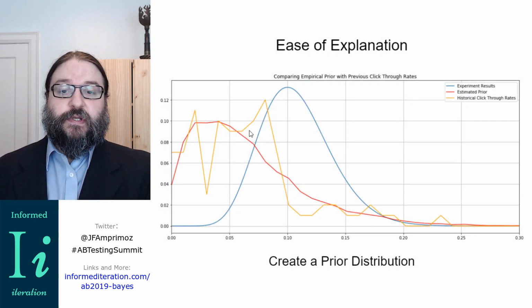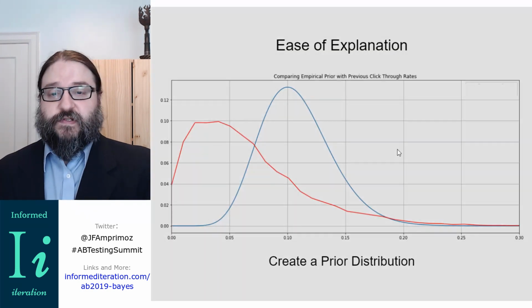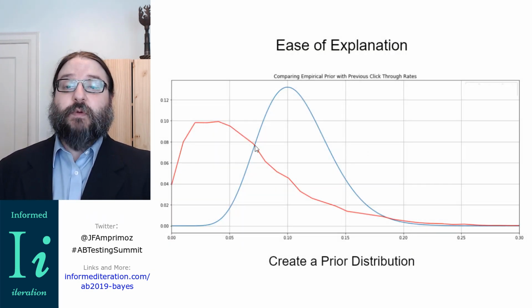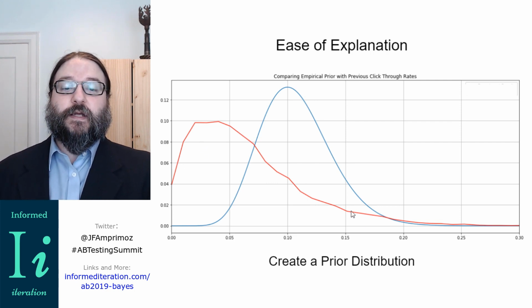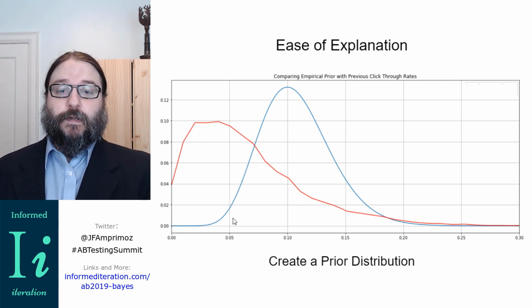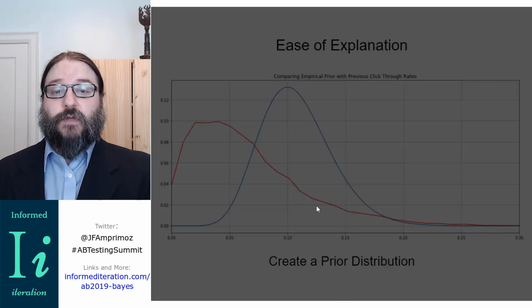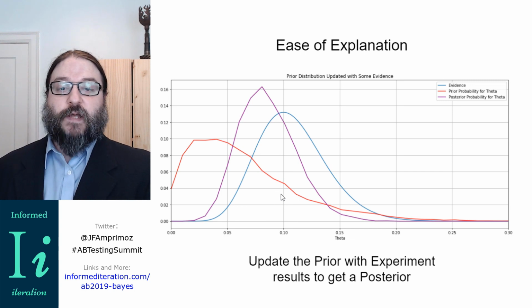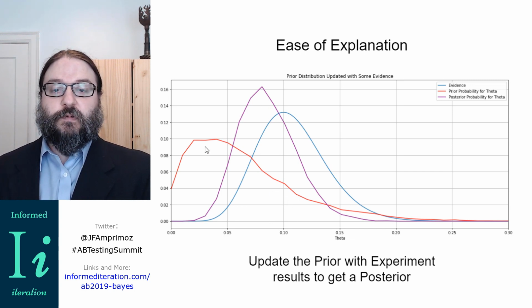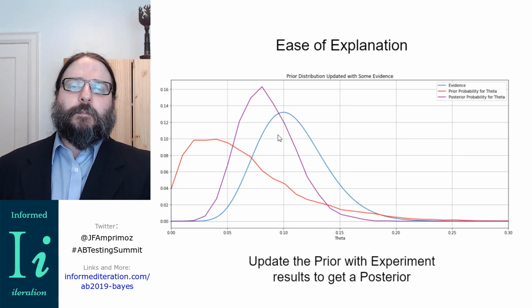So that's going to be our red line. And we're going to remove the historical data because we've got what we want from it. That historical data is now represented by the red line. That's our prior. And we run our experiment, and the results of that are represented by the blue line. And together they make a purple posterior line, which these distributions should be smoother, but don't worry about it.